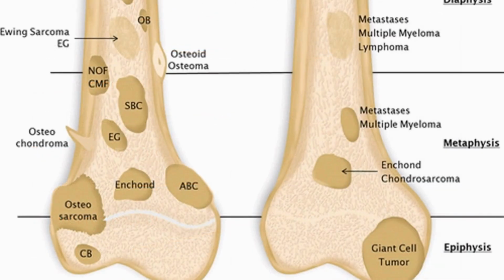This image shows the relation of age with bone tumors in different parts of the bone, that is epiphysis, metaphysis and diaphysis. This is a comparison between less than 30 years and more than 30 years.